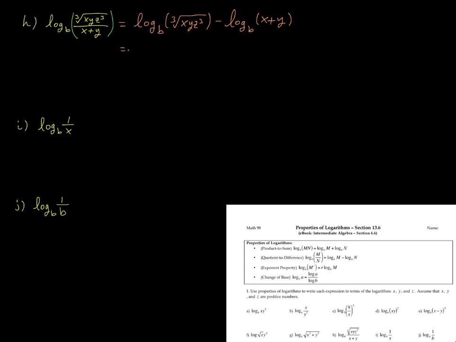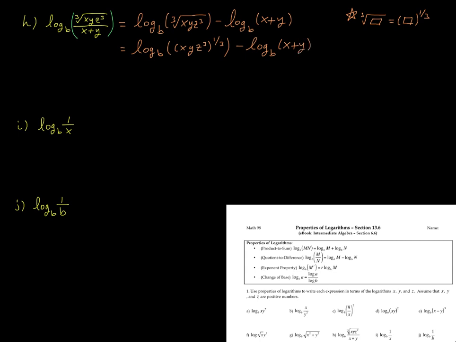And now the cube root. Let's make a little note over here. The cube root of something is just the same thing as taking that expression and raising it to the 1/3 power. So this would be x, y, z cubed to the 1/3 power, and then I'm subtracting the log base b of x plus y.